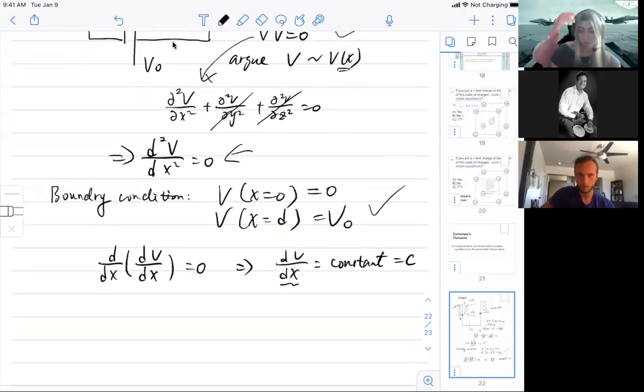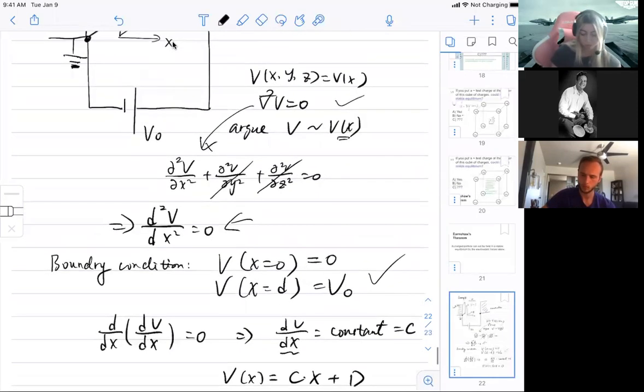So V would be a linear function of x. V must be c times x plus another constant d. Okay, so I have solved the general expression for V in between these 2 conductors.